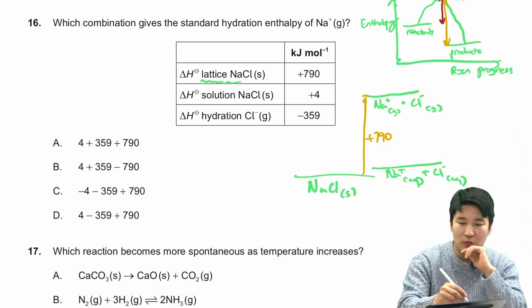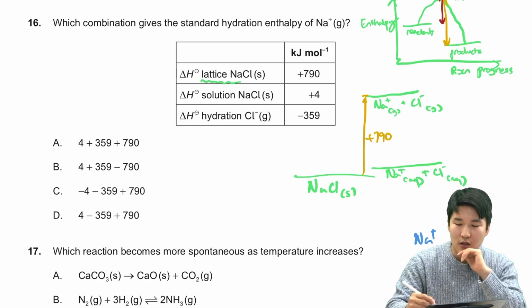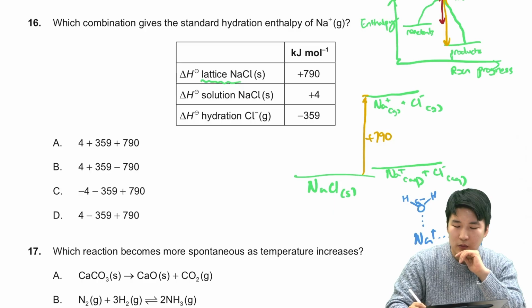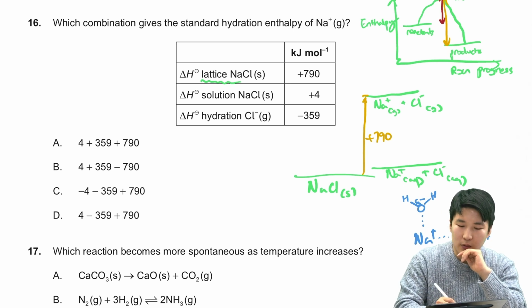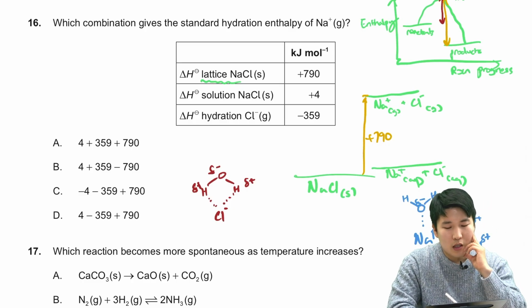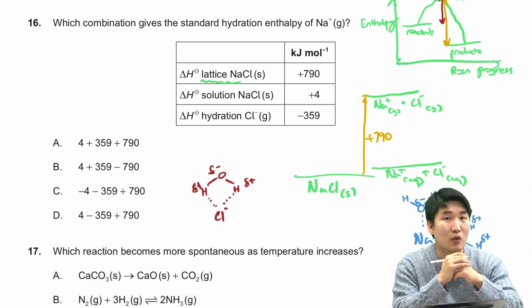Na plus will be, I'm going to draw this in a different color, Na plus will be forming ionic dipole bond with the delta negative part of our water, while our chlorine will be forming ionic dipole bond with the delta positive hydrogens of surrounding water molecules.